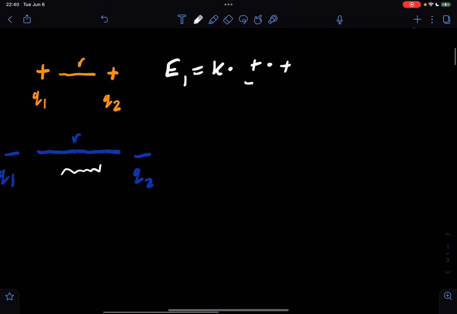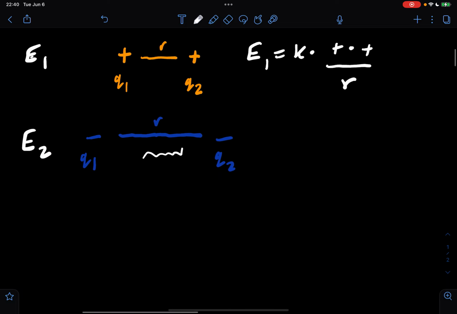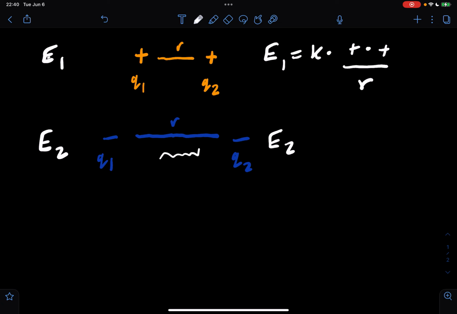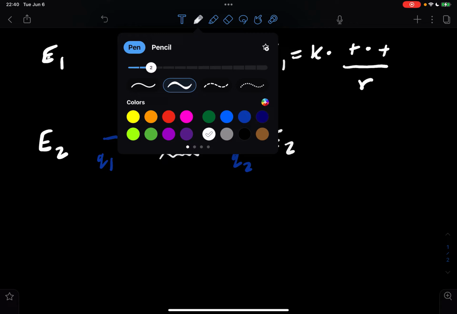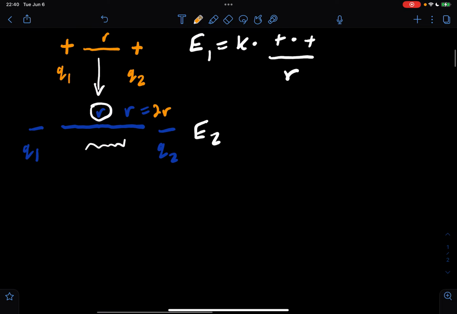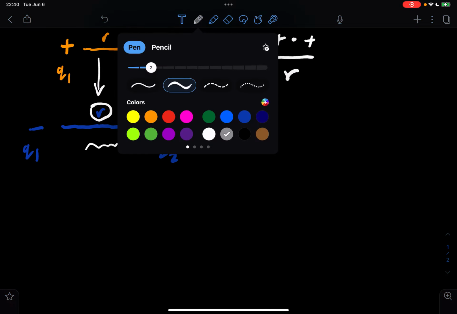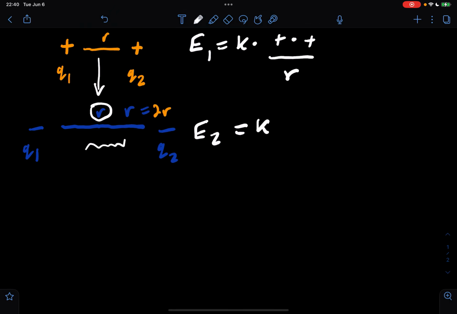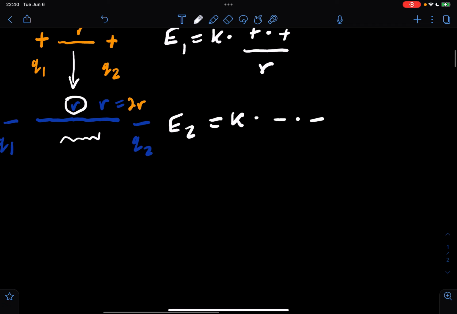And this is going to be divided by the distance of R. For E2, however, we could say that the distance is approximately 2 times red R. So the blue R is approximately 2 times red R. So E2 is equal to the constant times negative Q1 times another negative Q2 divided by 2R.